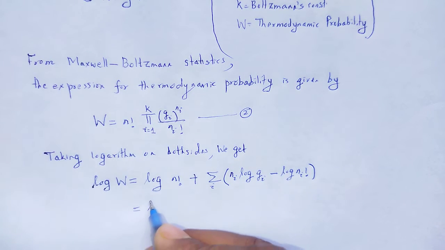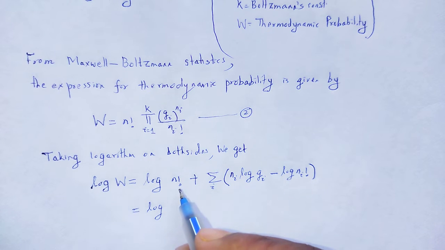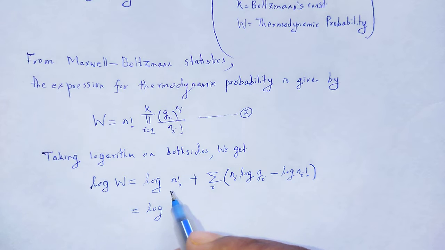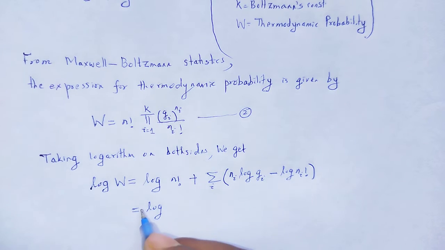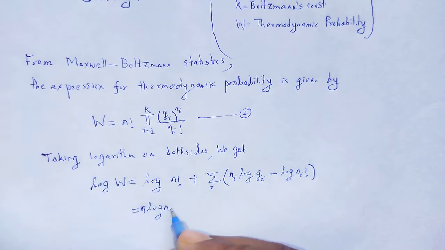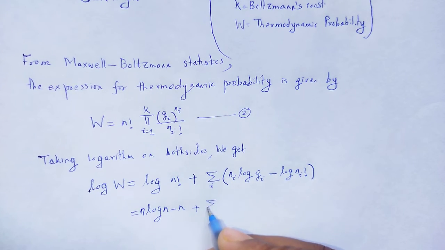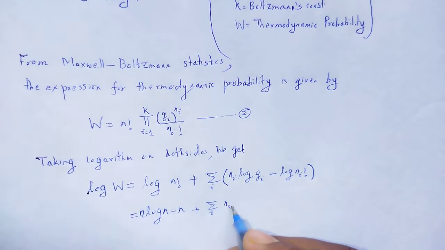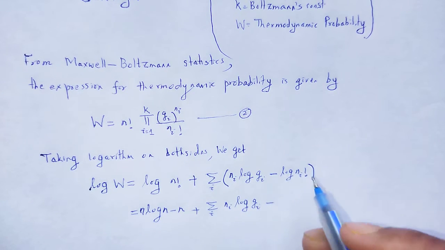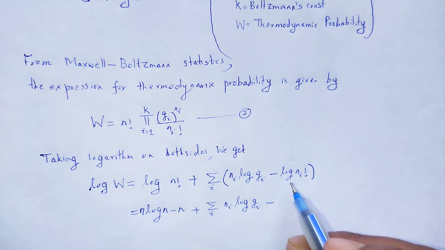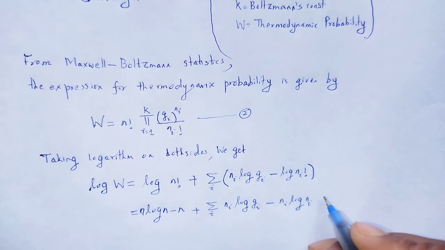Next, log n factorial. Now expand by using Stirling's approximation, that is log n factorial is equal to n log n minus n, plus summation over i of ni log gi, minus, again using Stirling's approximation, ni log ni minus ni.